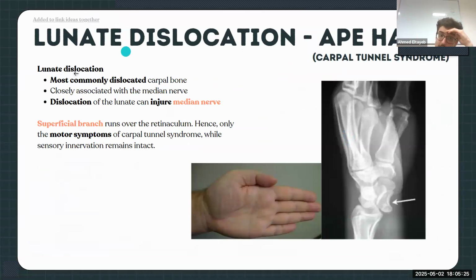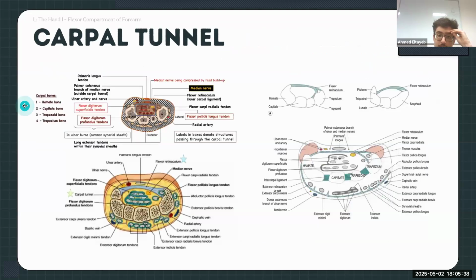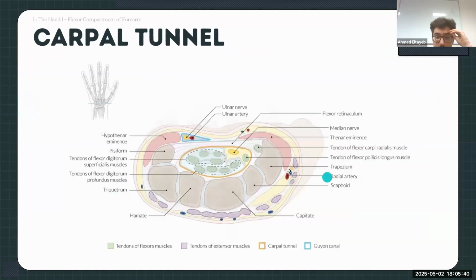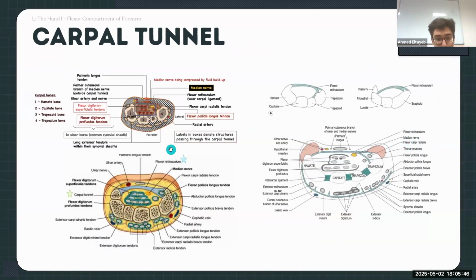So we called this lunate dislocation carpal tunnel syndrome, right? Yes, we did. And it's basically the lunate bone dislocating and then pressing and compressing the median nerve. Because if we go back here, where's the lunate? Scaphoid.